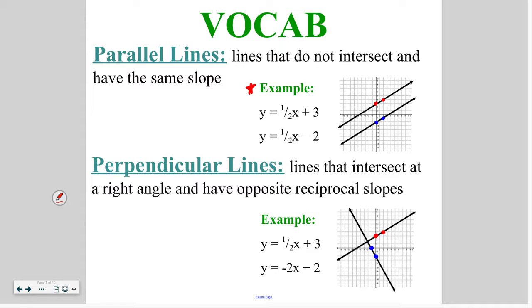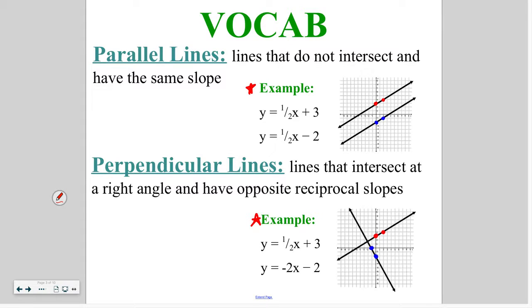So when you look at these equations down here at the bottom, our first one is y equals 1/2 x plus 3. Again, that is the line with the two red dots. Our second equation, or our perpendicular line, is y is equal to negative 2x minus 2. That's the line with the blue dots.